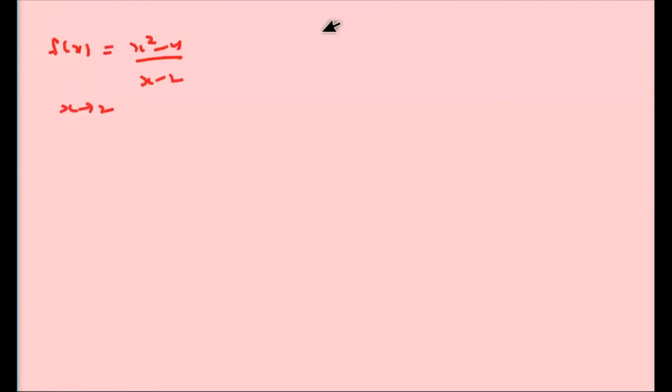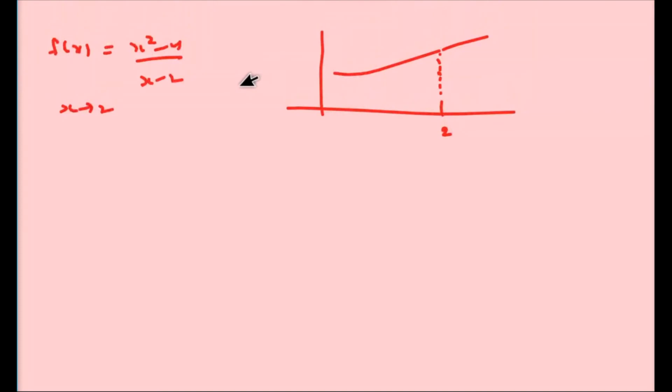So let here be a curve of this point, and we want to find at x equal to 2, and we cannot find it directly at x equal to 2, that is, at x equal to 2 it is undetermined. So we can put some value just to the right side and some value just to the left side, near to this, and find these values.